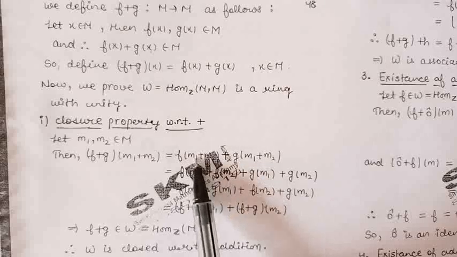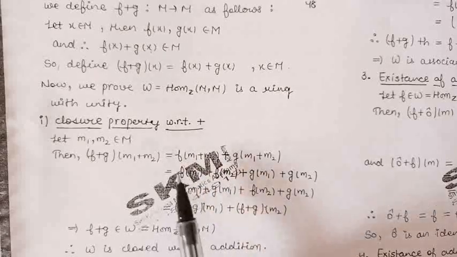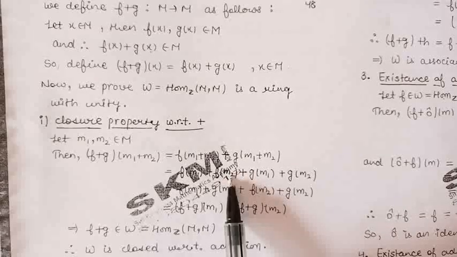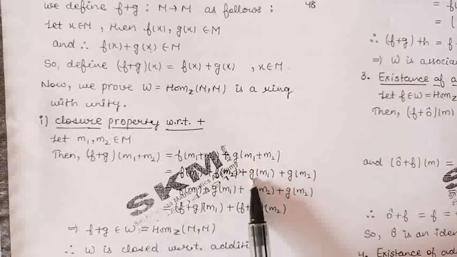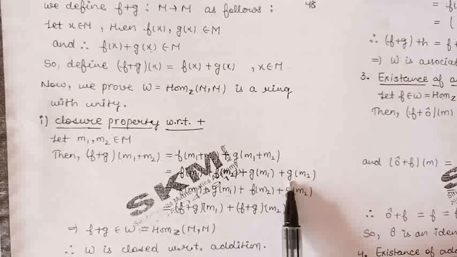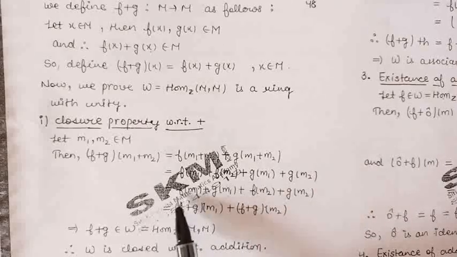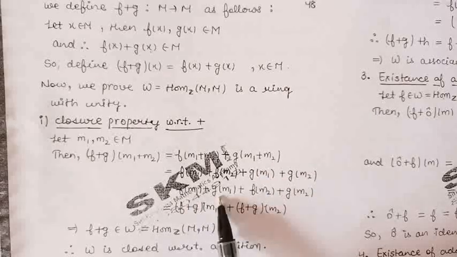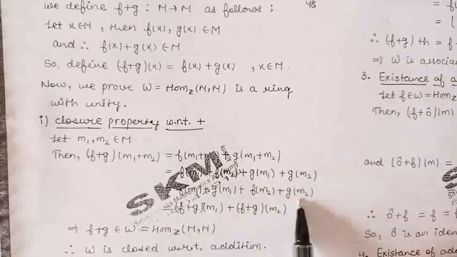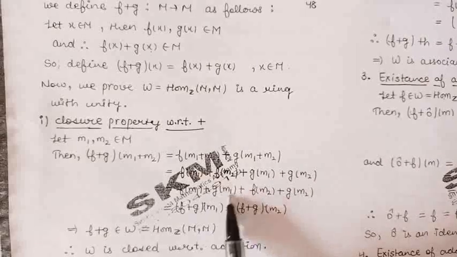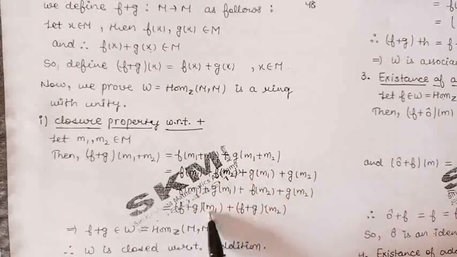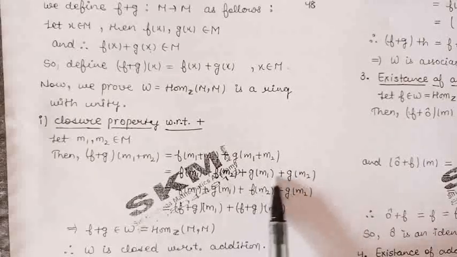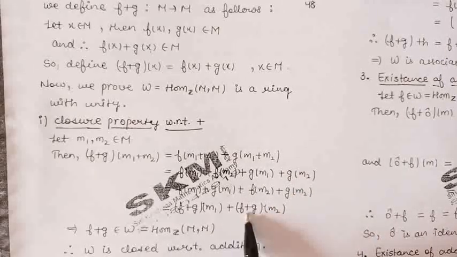So the image of m1 plus m2 under f will be the image of m1 plus the image of m2, and also under g, that will be the image of m1 plus the image of m2. Now we can write this as f of m1 plus g of m1 plus f of m2 plus g of m2. And this can further be written as the image of m1 under f plus g, plus the image of m2 under f plus g.